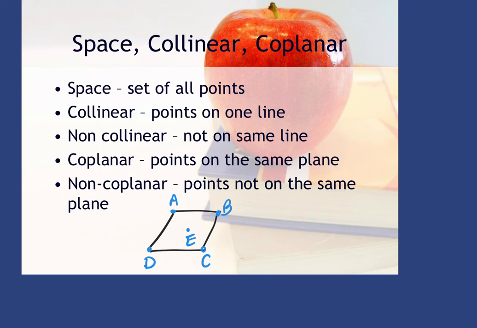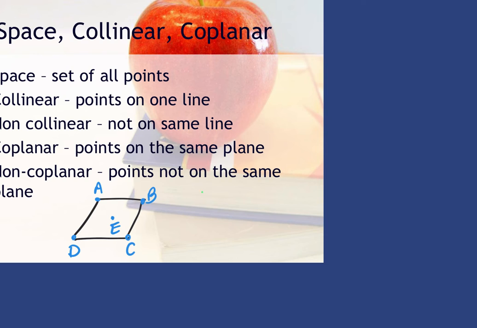B, C, C, D, A, D. Any 2 points are going to be collinear because you can connect them all. But A, B, and C are non-collinear. A and B might lie on the same line, but C does not. So even though 2 are collinear, if that third one is not on the same line, we would say they are not collinear.